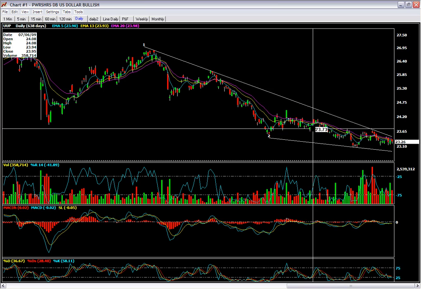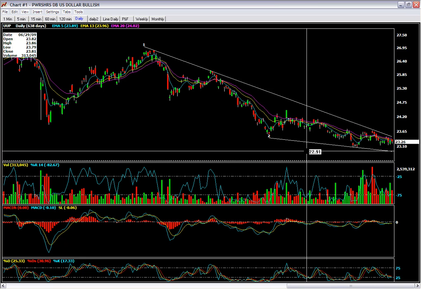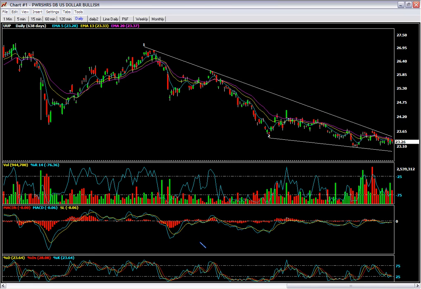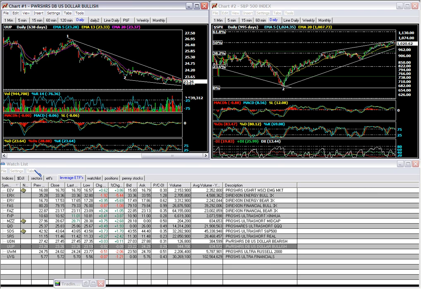It may come back down and make lower lows one more time, but I doubt it. It's all going to depend on the OIH or the USO, which is the oil.